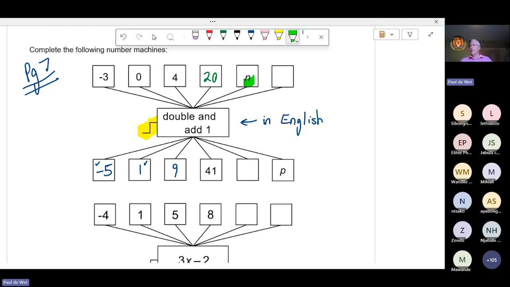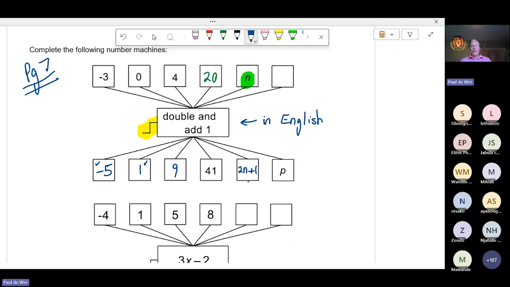What will come out of this machine? Okay, I'm seeing someone that said n2 plus 1, someone else saying 2n plus 1. Guys, the answer is going to be 2n plus 1. What does 2n mean? 2n means 2 times n, and then add 1.